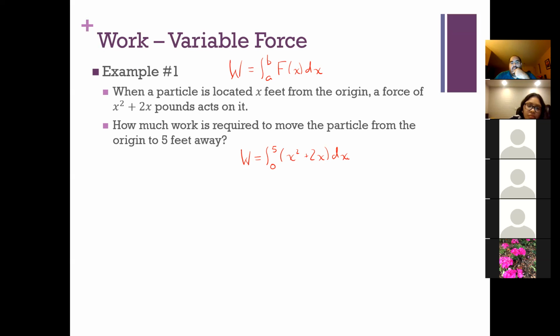Any questions on how we set that integral up before we start computing it?